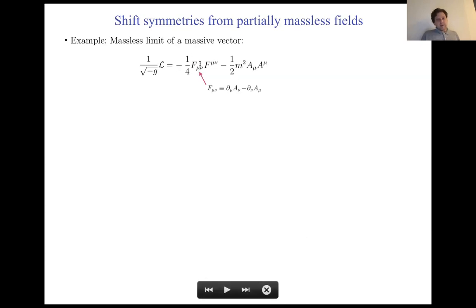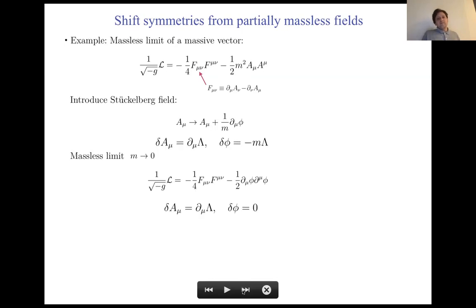Here's the Maxwell field strength tensor part, and here's the mass term, m squared A squared, which breaks the gauge invariance. So this theory by itself at generic values of m has no particular symmetries at all. As we take the m goes to 0 limit, we recover gauge invariance. So to maintain continuity in the number of degrees of freedom, we have to introduce a Stuckelberg field.